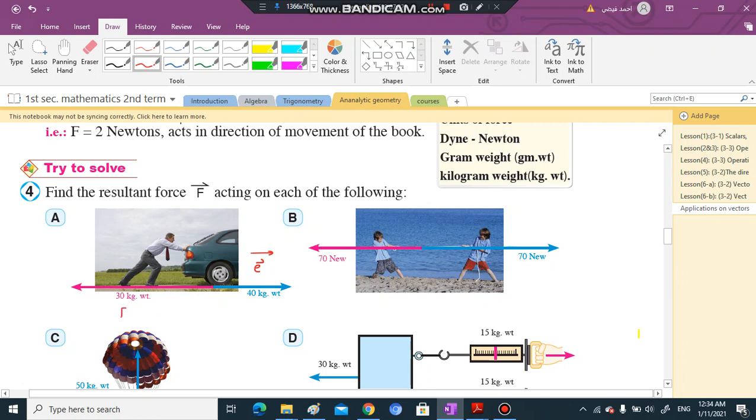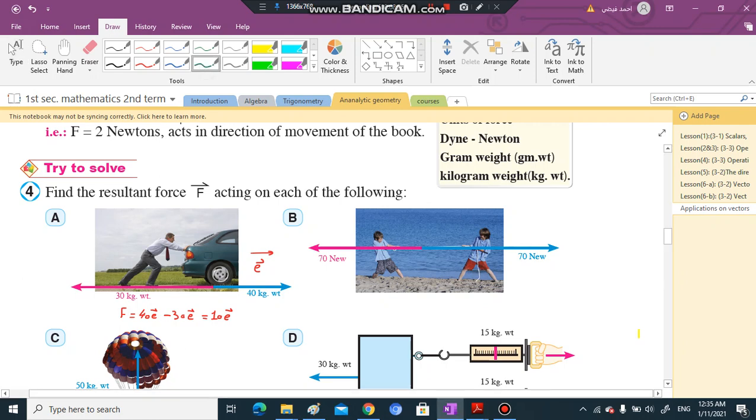The resultant force will be 40E minus 30E, so 10E. It means the resultant force is 10 kilogram weight in the direction of movement, and E is the unit vector in the direction of the force 40 kilogram weight.